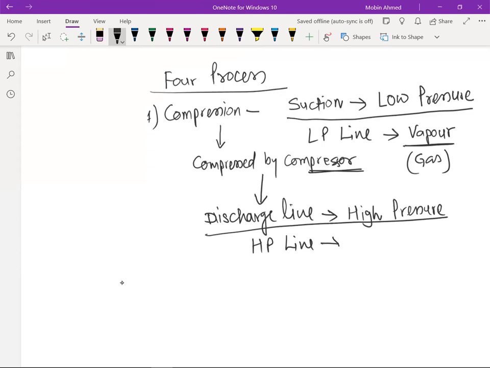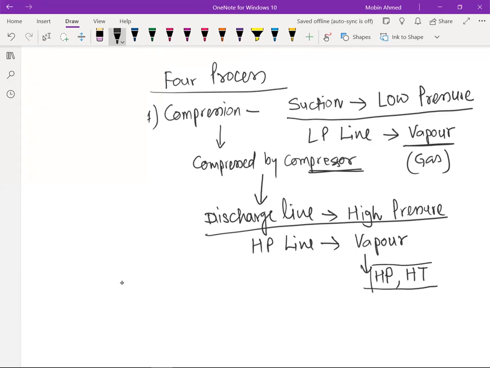When we say HP line, this is the same vapor, but after the compression the temperature and the pressure are both increased. So it is going to have high pressure, HP, as well as high temperature, HT.